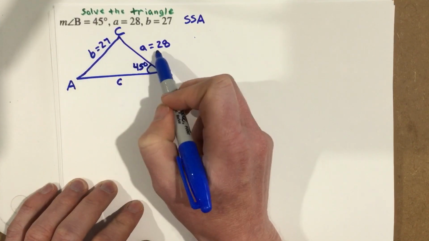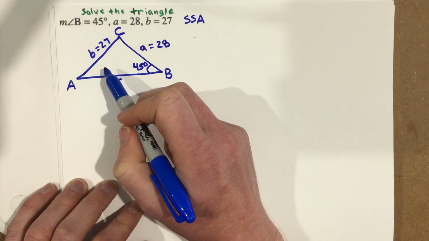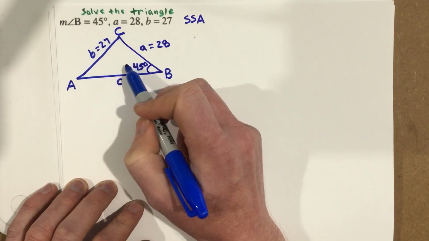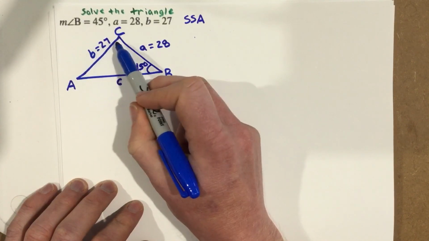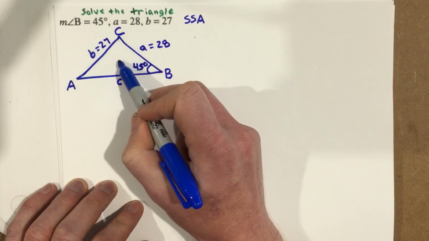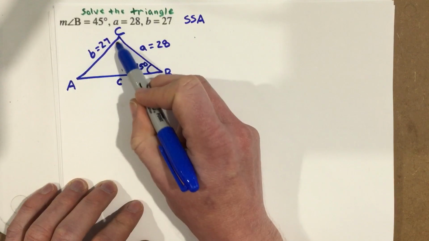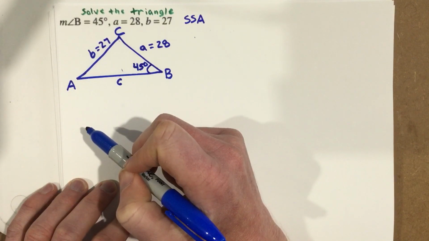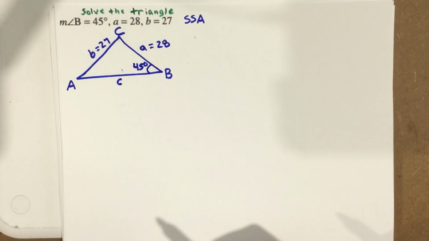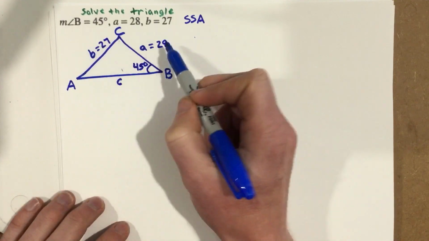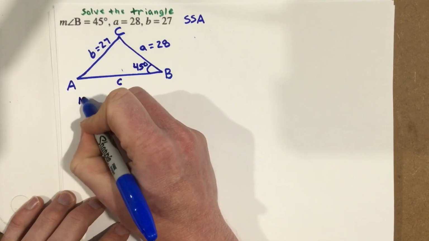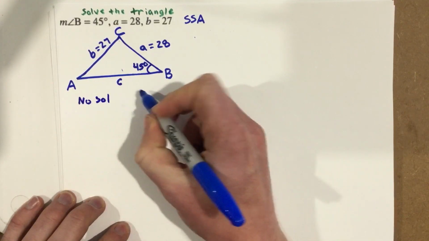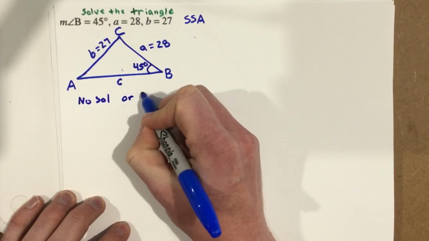If it's larger than 28, we've got 1 triangle. And if it's so small that it's actually smaller than the right triangle that this would create, then we have a no solution problem. Well, in this case, it is smaller than 28. So we have 2 choices. It's either no solution or it's 2 solutions.